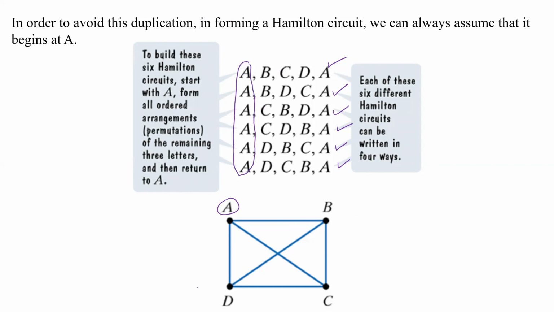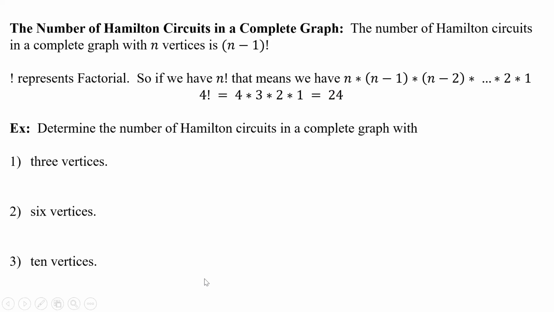Okay. So now the number of Hamilton circuits in a complete graph. The number of those depends on how many vertices there are. If we have n vertices, then we find n minus 1 factorial. We haven't talked about that yet, but the exclamation mark represents factorial.